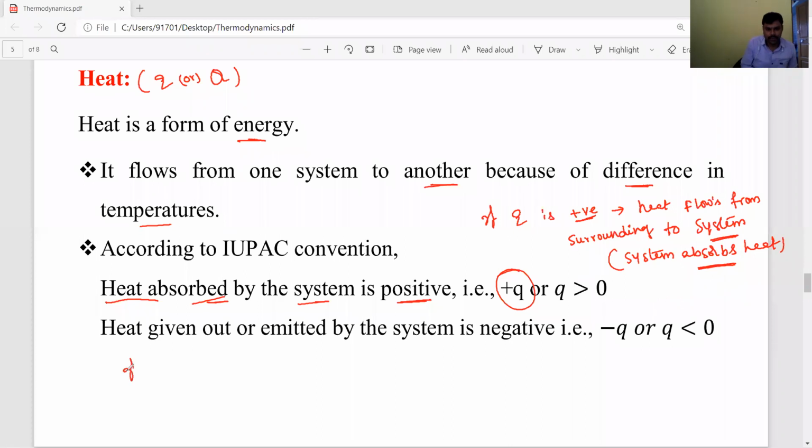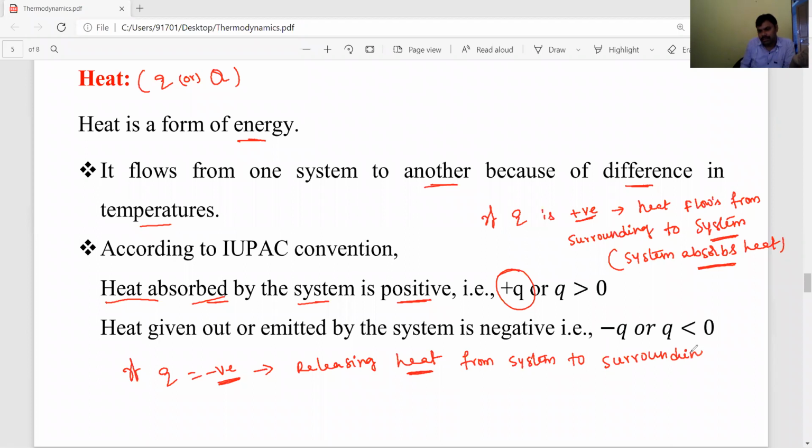Next, when will Q become negative, dear students? Q is negative means the system is releasing heat. It indicates releasing heat, that is, heat flows from system to surroundings.